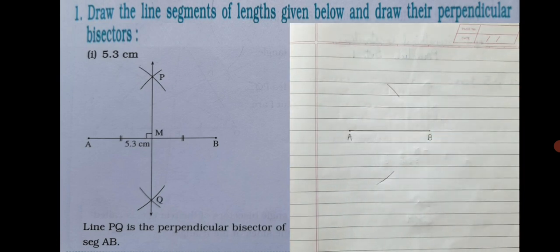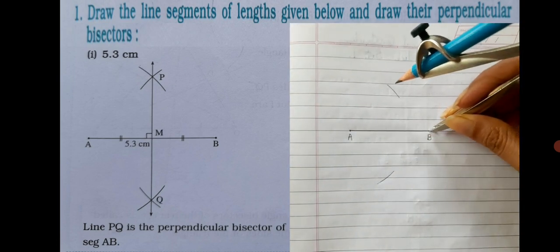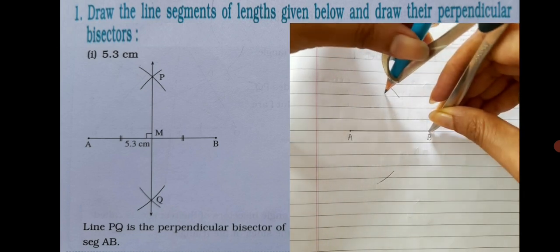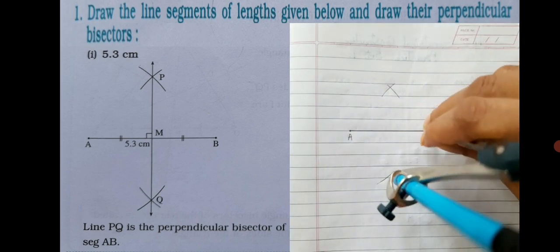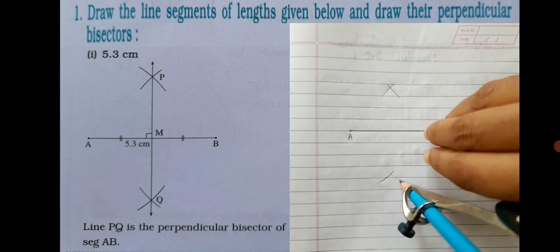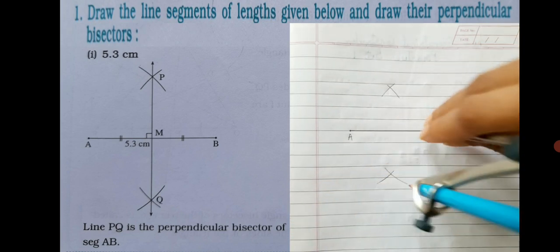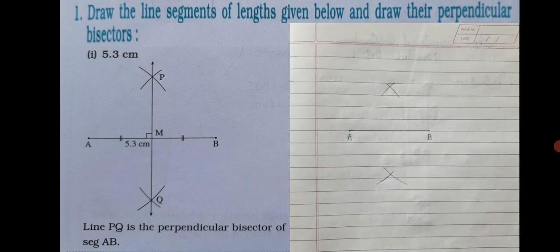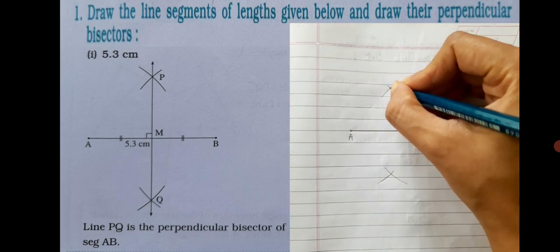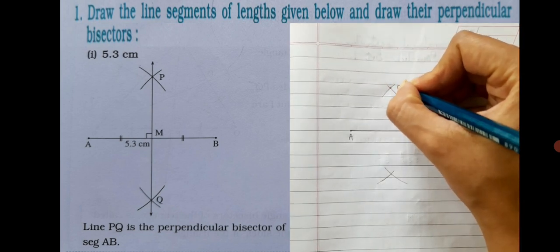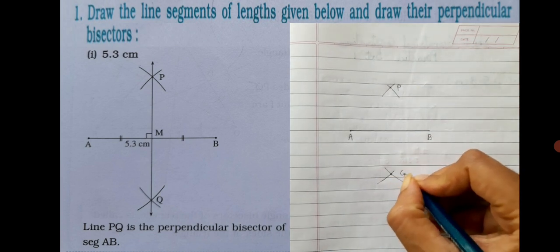And keeping the distance same in your compass, now keep the still point of the compass at B and with the pencil mark an arc above AB and another arc below AB to intersect the arc which we had drawn from point A. Once we get two intersecting arcs, we will make a point such that we will join them together to get a perpendicular bisector.